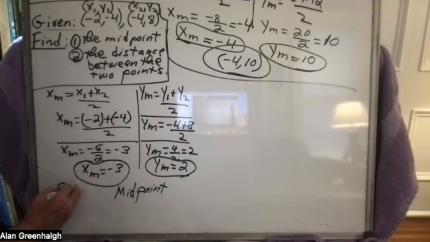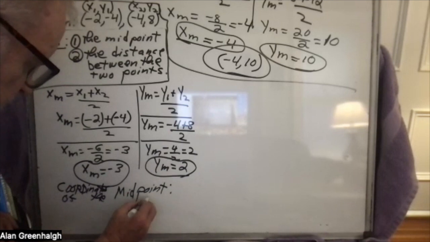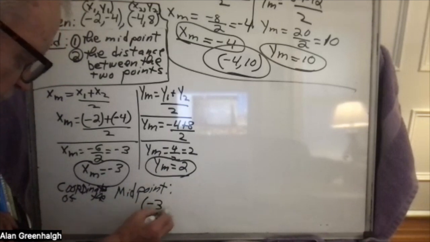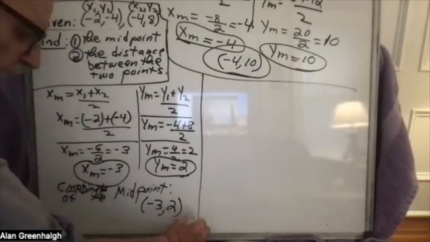The coordinates of the midpoint of the given line will be the point where x is equal to -3 and y is equal to 2. That's the first part of the problem.